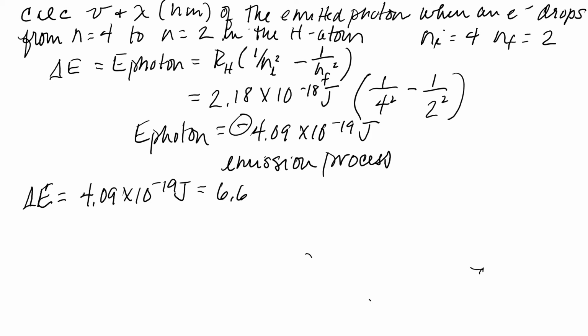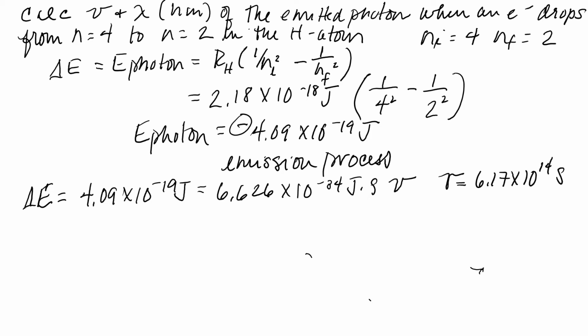And we use the equation of delta E, or E of the photon, equals Planck's constant times frequency, which we're solving for. And rearranging and doing that division, frequency is 6.17 times 10 to the 14 s to the minus 1.